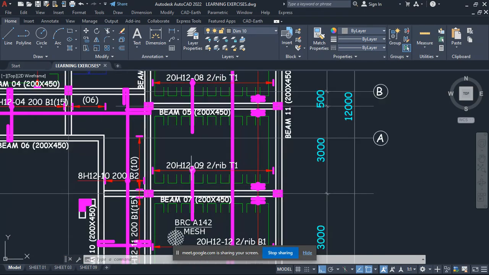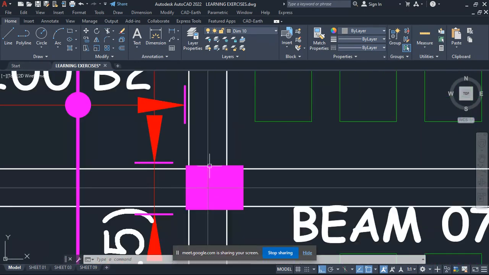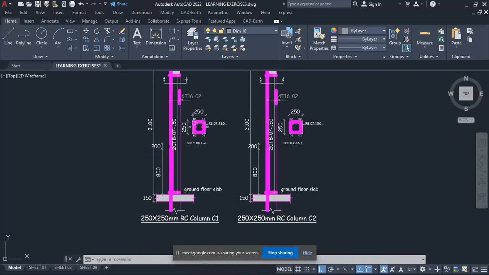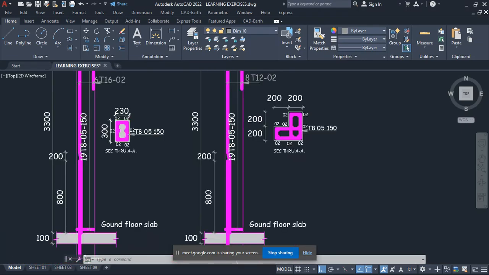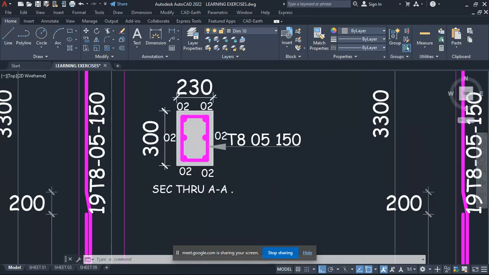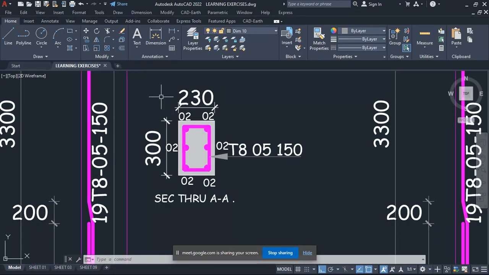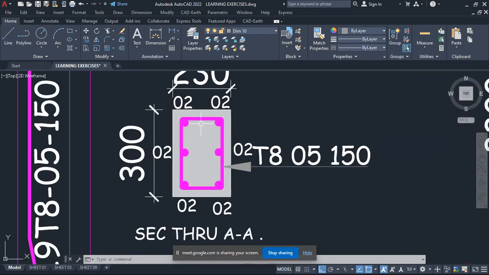Now this is our column, 300 by 230. I already sketched it. So first of all, the section is very important, showing the bars physically, that they are 6.